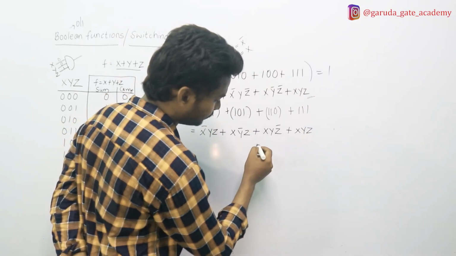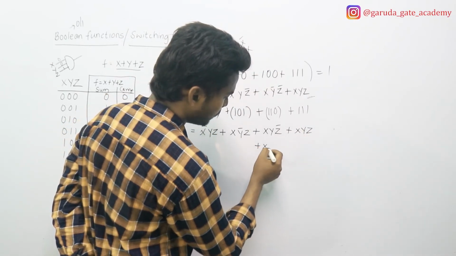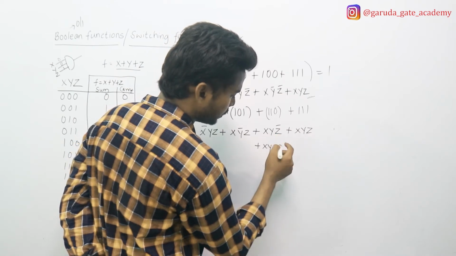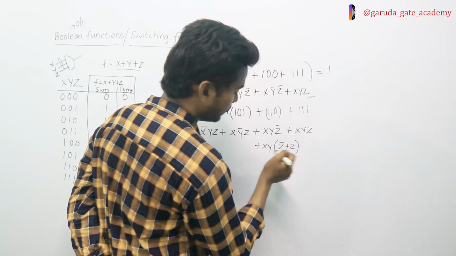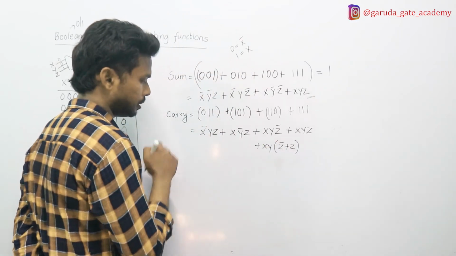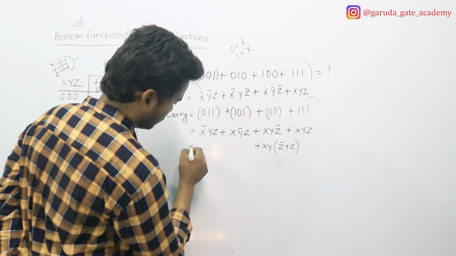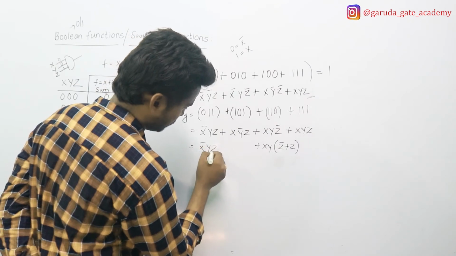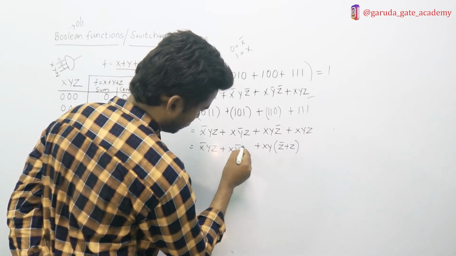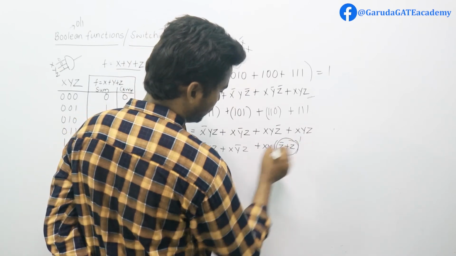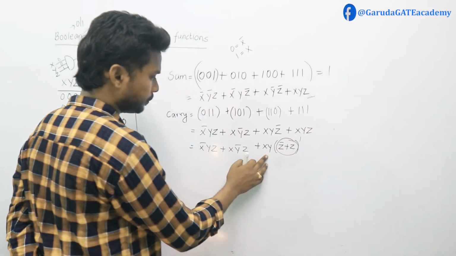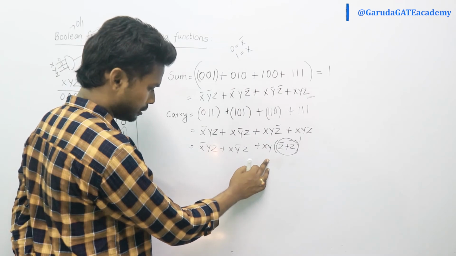So here I think we can take common xy, and that will be z bar plus z or z plus z bar, which means 1. So this will be 1. So we will be left with xy.